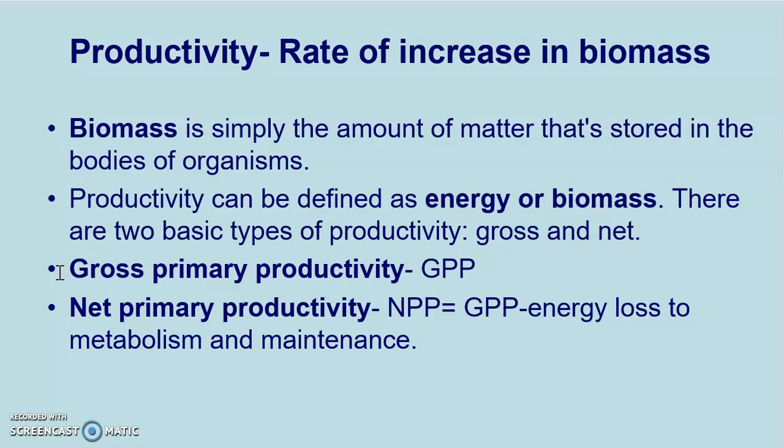So what's available to be passed on to the herbivore is a smaller quantity of energy, which is referred to as the net primary productivity, or NPP. And the NPP is basically the gross primary productivity, how much was locked in from doing photosynthesis, and you need to take away the energy which is lost by the plant by doing its own regular metabolic processes and maintenance.